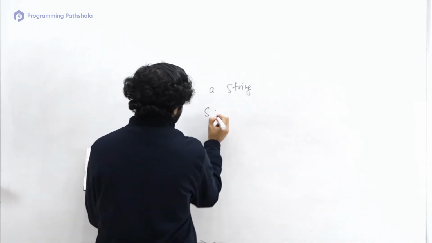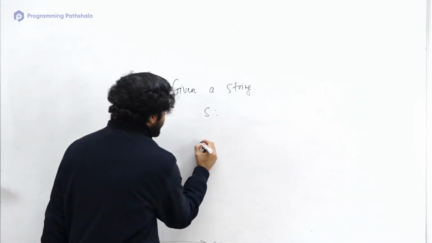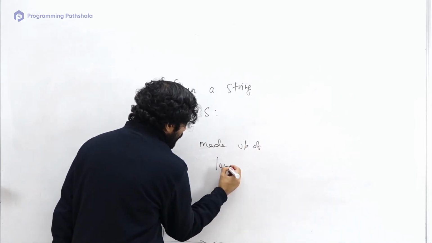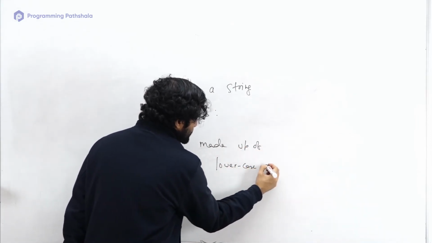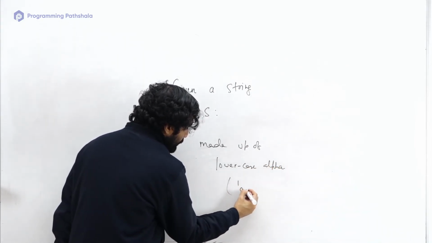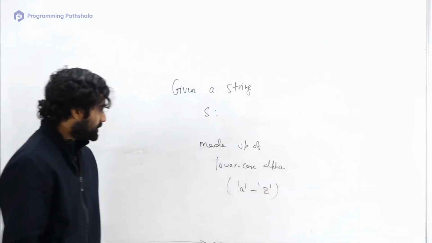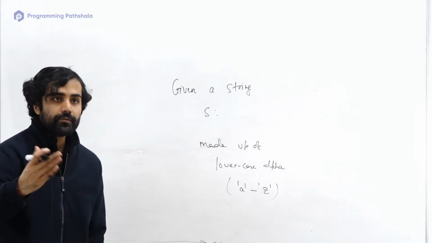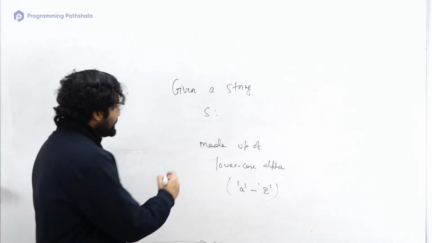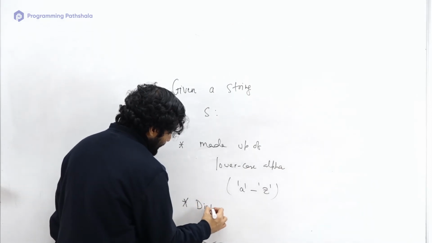Let's call it S. S is a string which is made up of lowercase alphabets, and I believe lowercase alphabets are from small a to small z. Okay? So it's a string made up of lowercase alphabets. Now, another thing about this string is that all the characters are distinct.